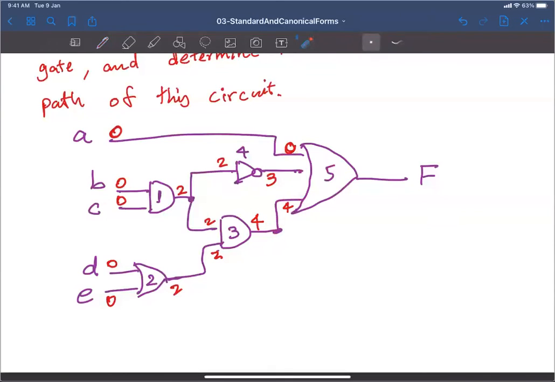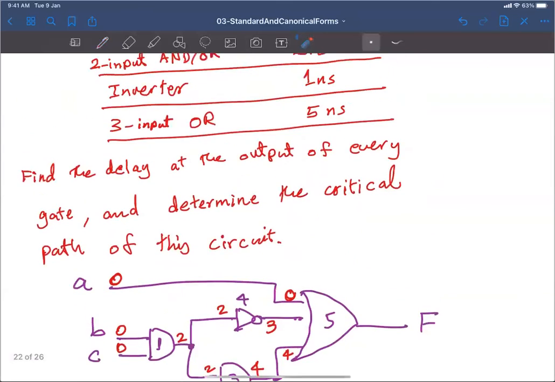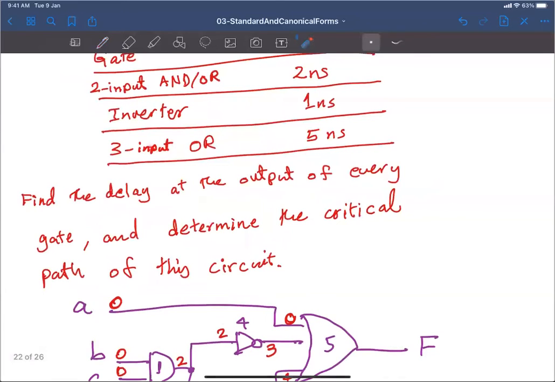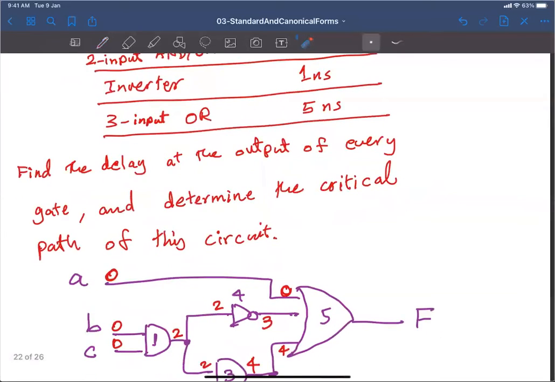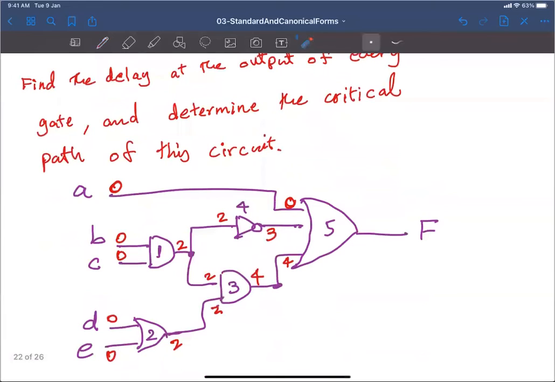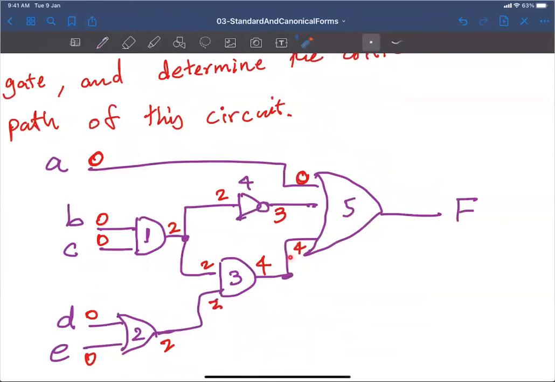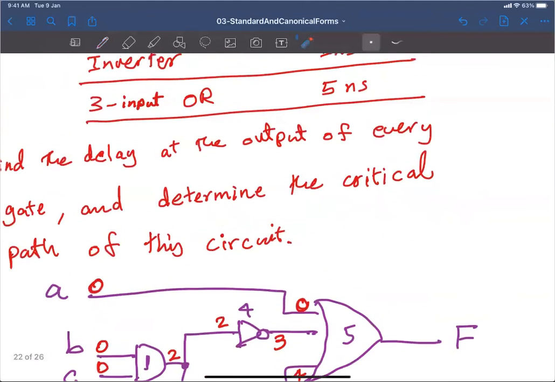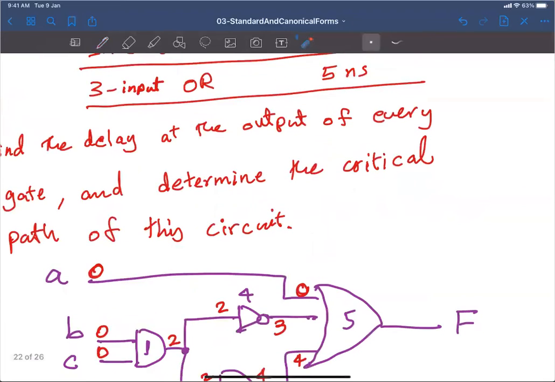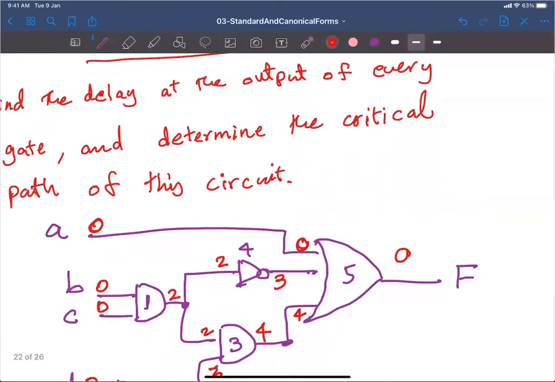So the delay across this OR gate is going to be the delay of a 3-input OR gate, which is given here to be 5 nanoseconds, plus the maximum delay in the input, which is input number 3 here. So 4 plus 5 is equal to 9 nanoseconds.